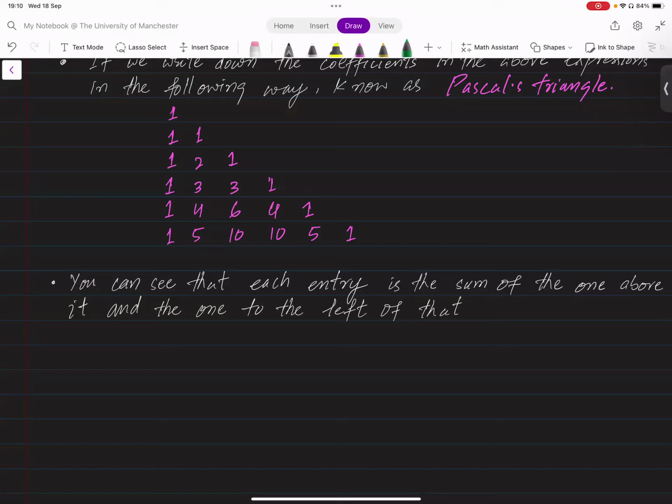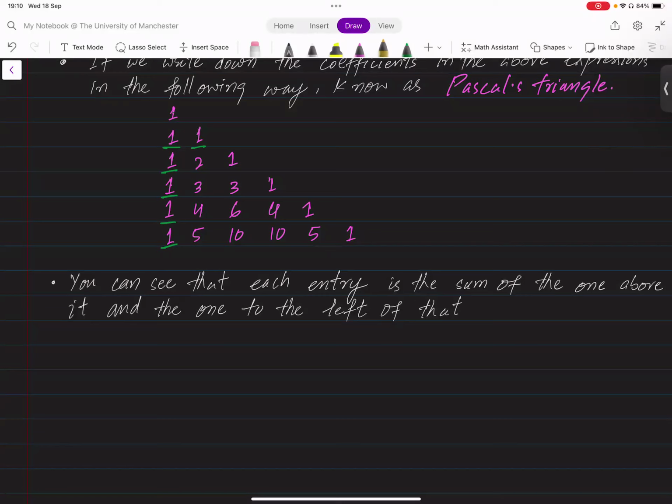So we start from here. This has one only, nothing on the left. And this has nothing above, but only on the left. Similarly, all these have nothing on the left, just the above, so they are only one.